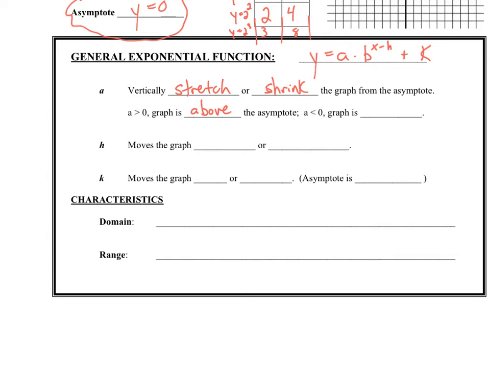And if a is less than 0, or negative, it is below the asymptote. h moves the graph left and right, just like it did with our square root function. And k moves the graph up or down. And the asymptote is always at y equals k.